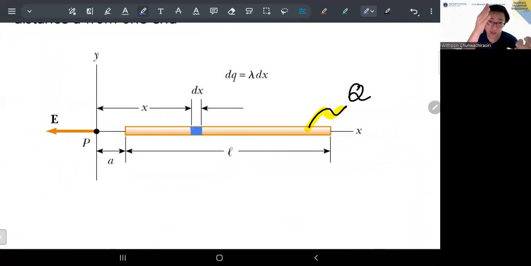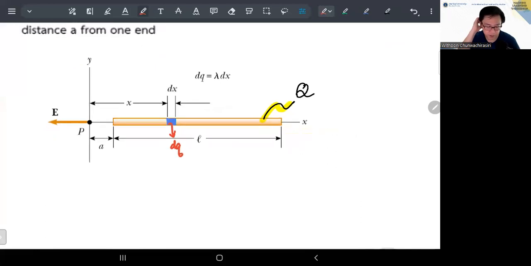So when you slice the rod into a tiny piece, it will take up a little bit of space. Let's call it dx. All right, it's approaching 0. Okay, and then of course, within this, it will contain a little bit of charge. Let me call it dq. Does that make sense? Okay, it's a tiny charge that you slice out. So think of it in your head: you have the dq charge within the length of the rod of dx.